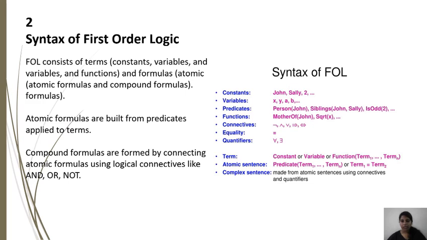Equality is nothing but equals to. Quantifiers are nothing but for all. Terms are nothing but a constant or a variable or a function, and atomic sentences are nothing but predicate of term 1 to term n. Complex sentences are made from atomic sentences using connectives and the quantifiers.